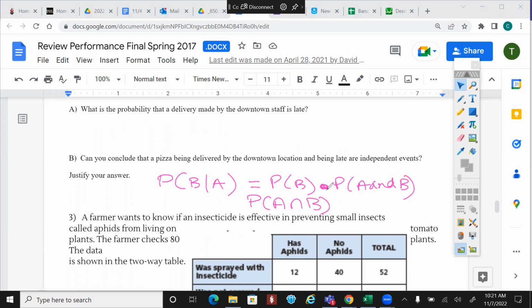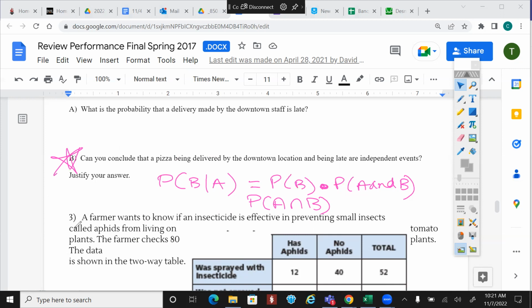This is multiplying, not a dot. Okay, I don't expect you to do this because we haven't talked about it yet.